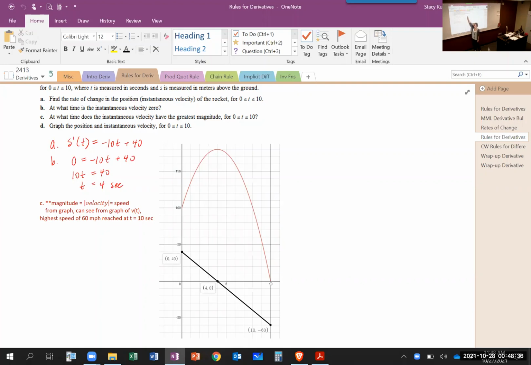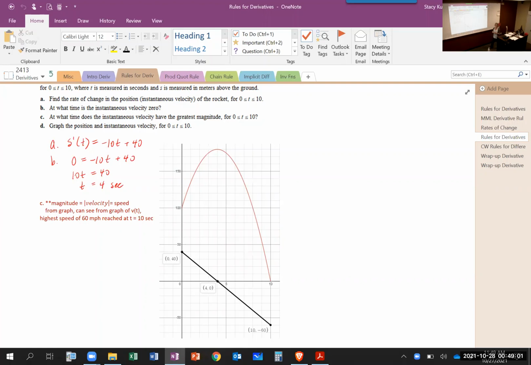The function is increasing, the derivative is positive. When the function is neither increasing nor decreasing, the derivative has an intercept. The derivative is 0 because the slope of the line is 0, right? And here the function itself is decreasing and the derivative is negative, okay?